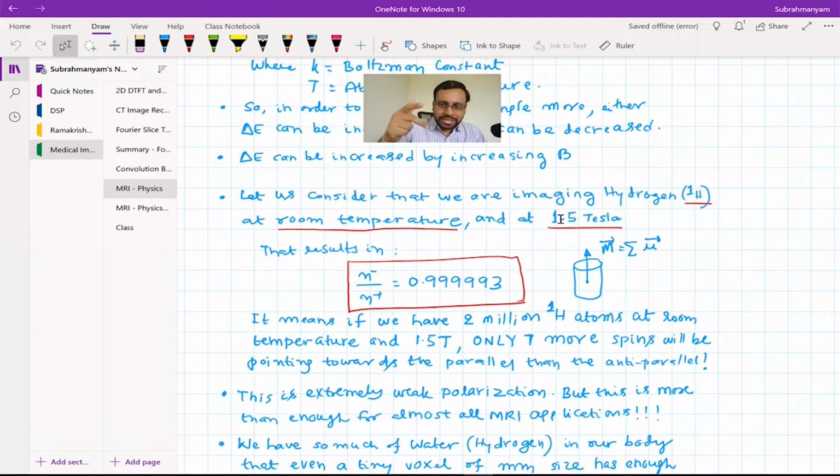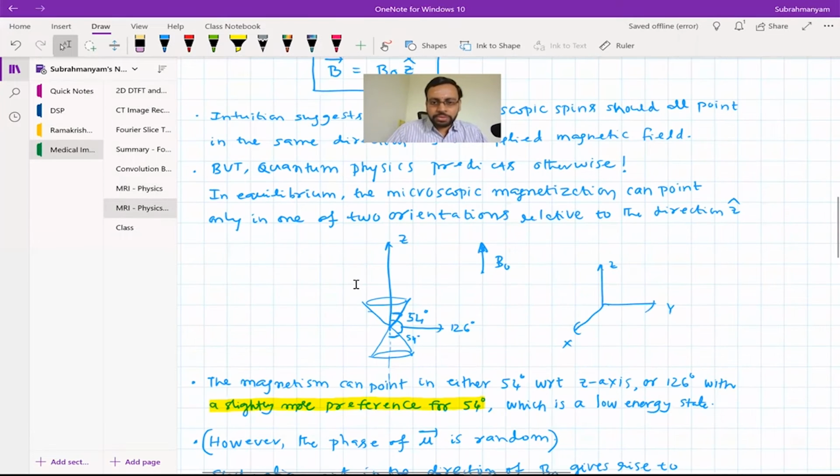So 1 million plus 7 would be rotating in 54 degrees, and the rest, 1 million minus 7, when you are applying a 1.5 Tesla field, would be rotating in the anti-parallel state.